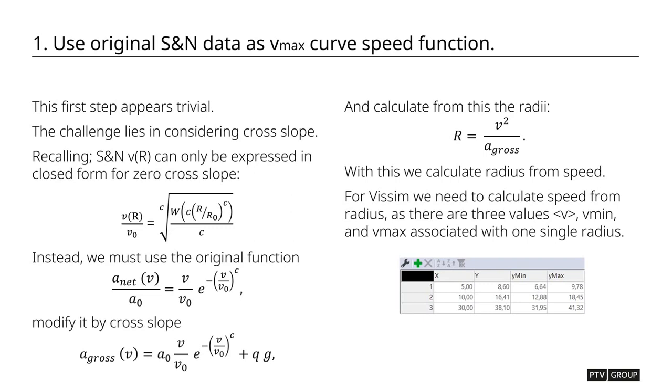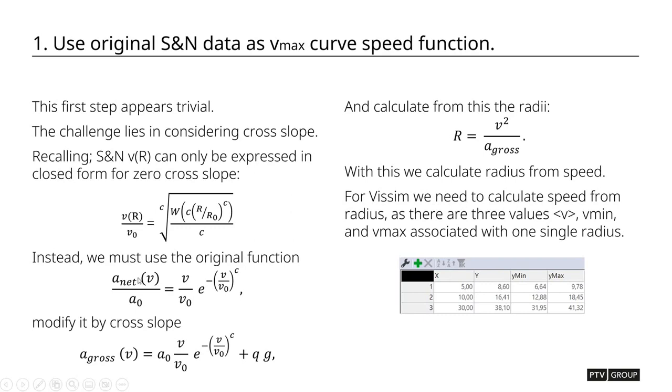Schimmelpfennig and Nackenhorst had the cross slope implicit, and we need to make it explicit because we want to include our 6%, which is defined for German Autobahn as maximum cross slope.